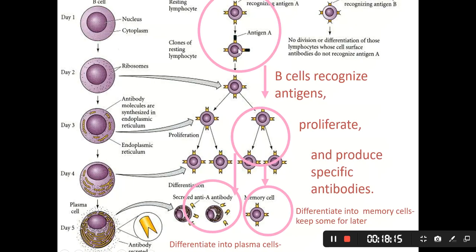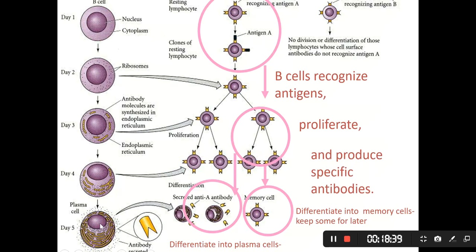Here, this is just the diagram or the chart trying to show you. So here you can see this is the antigen A. Here the B cells are coming, they recognize the antigen, they proliferate, and they produce the specific antibodies to act against it. You can see here, this is the B cell. It came here, it started proliferating here, and it started differentiating.